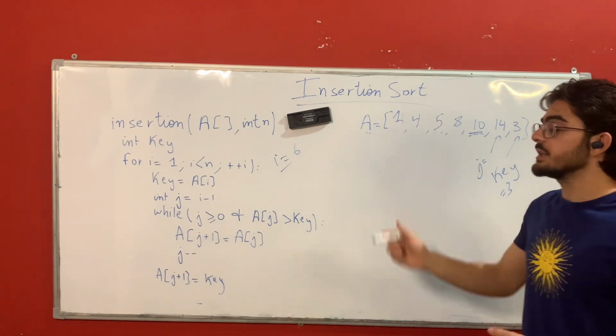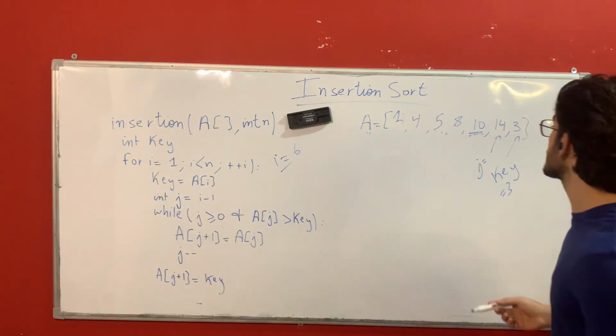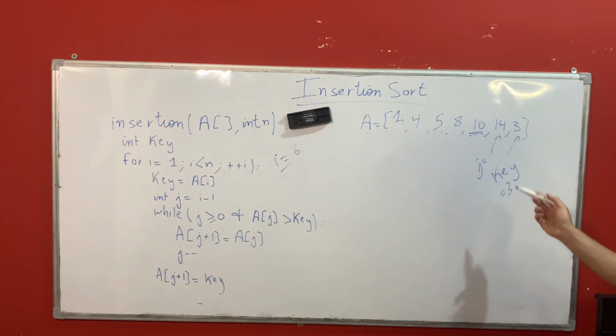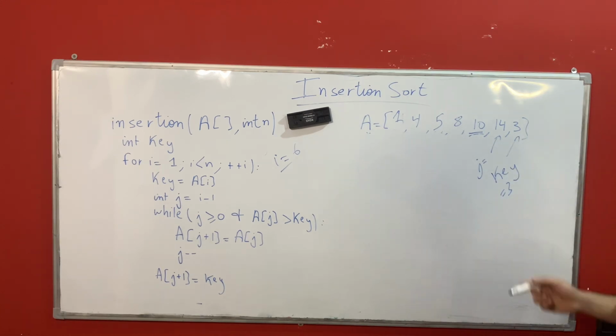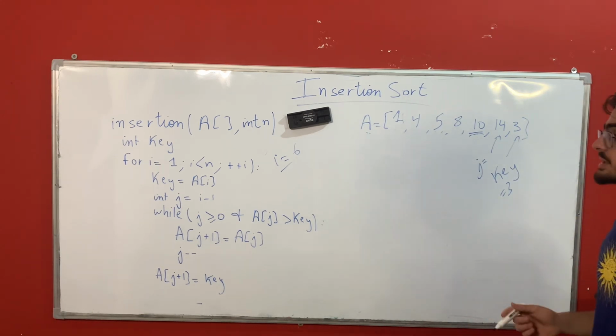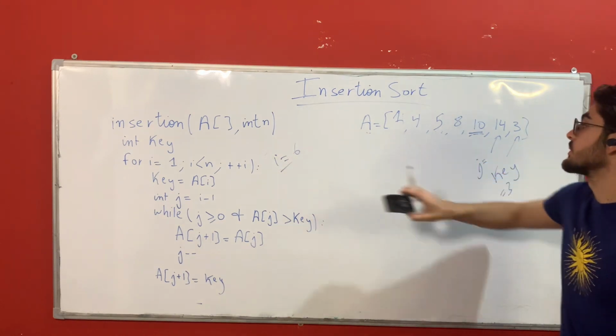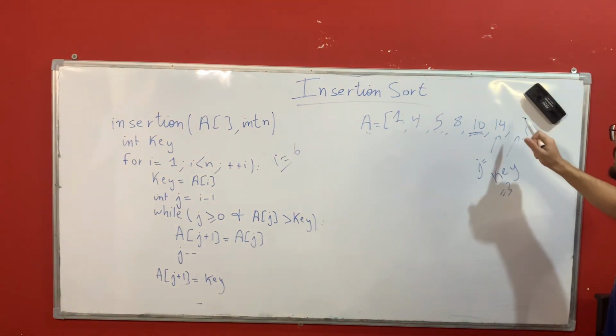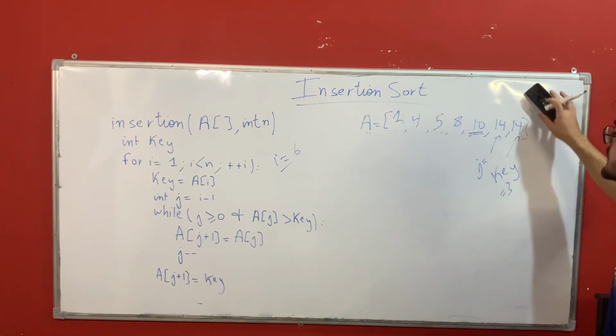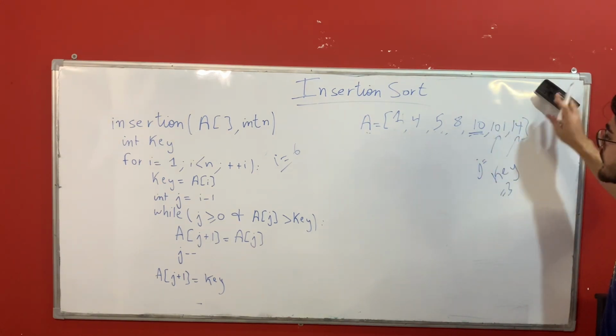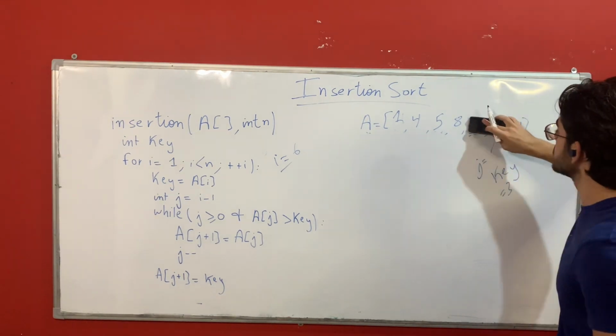Now we reach the final iteration with i equal to 6. The key now is pointing at 3 and j is pointing at 14. 14 is greater than 3, so we shift 14. The same goes for 10. The same goes for 8.